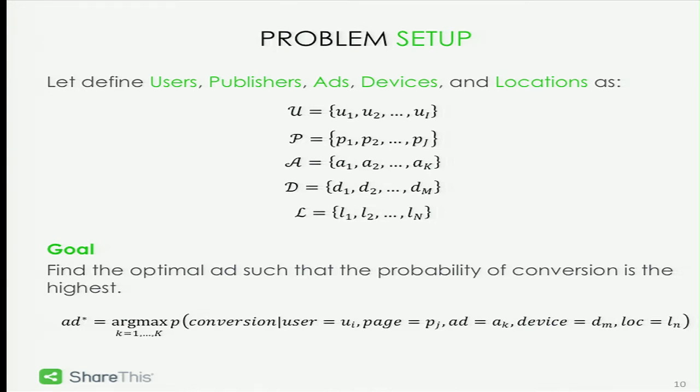So if we have multiple inventories, this is picking the ad with the highest probability. But if we have only one ad, we need to make sure that the probability is higher than a certain threshold. Then at that time we bid.